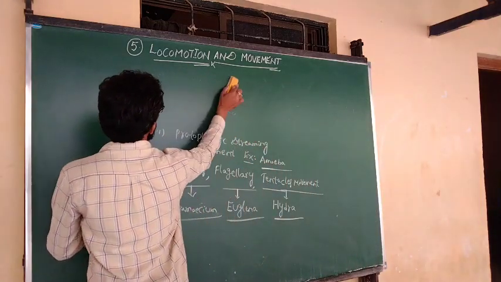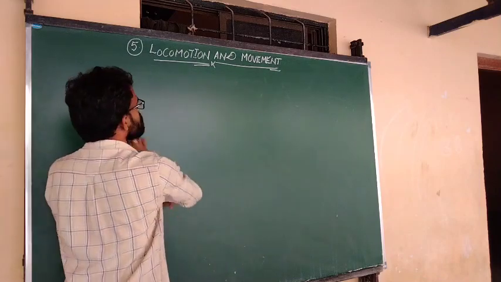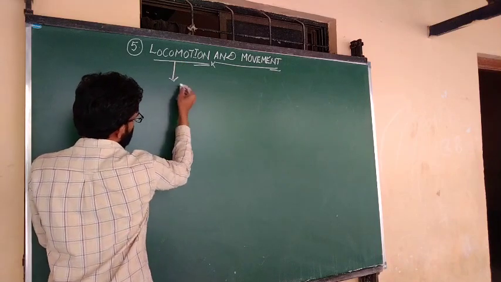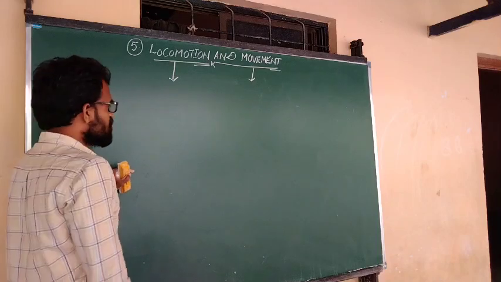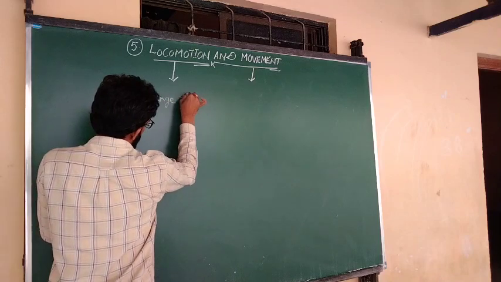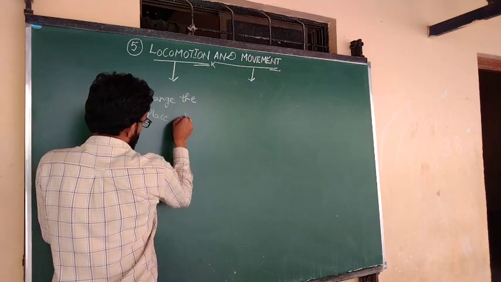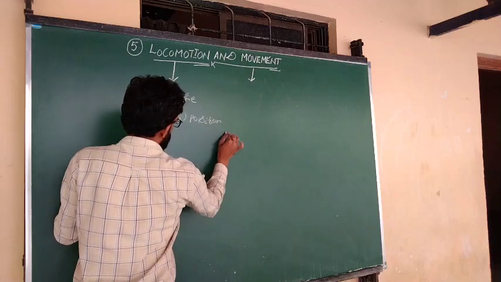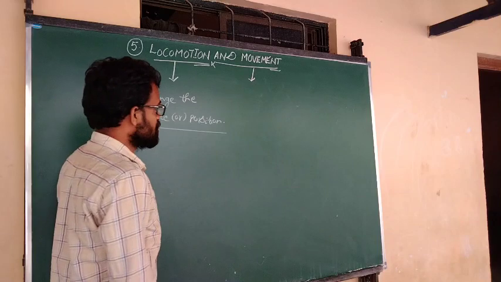In simple language, locomotion means change of place or position. Change of place or position is known as locomotion.